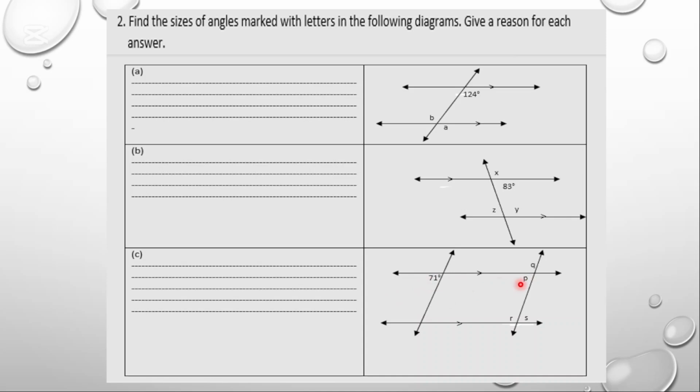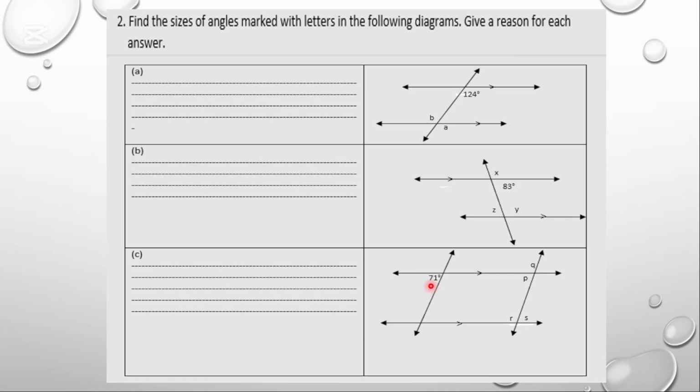So you have that answer P. Then you move to Q, because you know P plus Q equal to 180. Supplementary adjacent angles. Once you have Q, you can move to R. Q and R, they are corresponding angles. And once you have R, you can go to S. R plus S equal to 180 degrees. And that is the way you work it out.